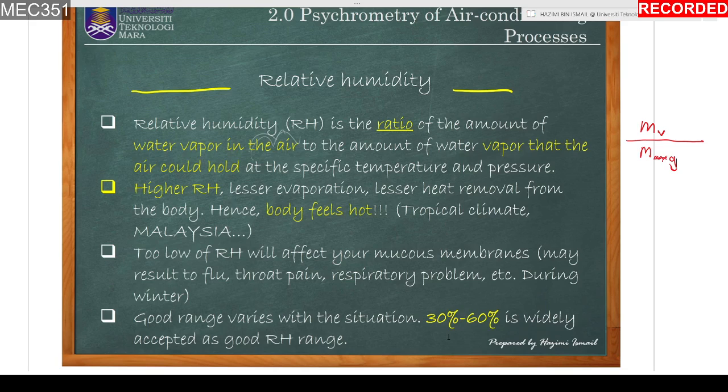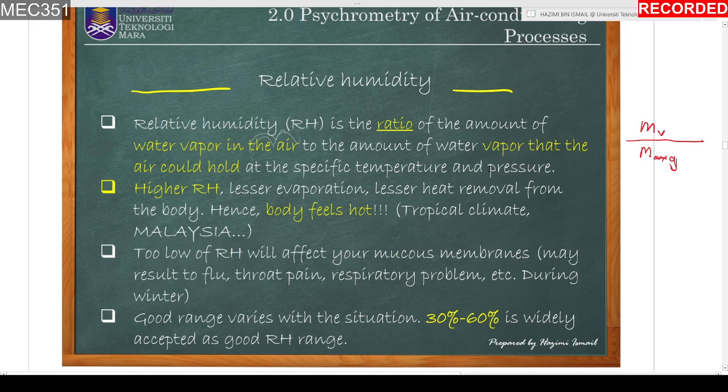Datang dari mana air tu? Air tu sebenarnya adalah condensation water that comes from the air. Air tu lah yang datang daripada humidity ni. Sebab humidity kita tinggi, kandungan air banyak dalam udara.